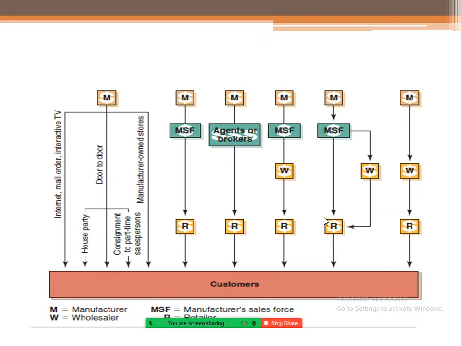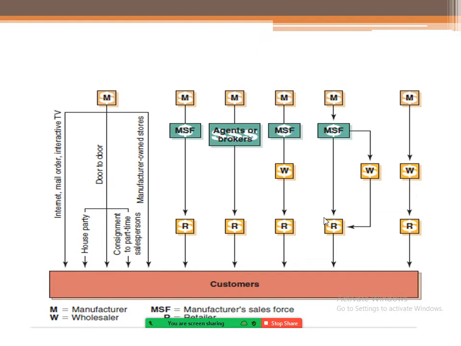The other options use retailers and various combinations of sales force, agents, brokers, and wholesalers. The number of individual buyers and their geographical distribution, income, shopping habits, and reaction to different selling methods frequently vary from country to country. In a large country like India, it may differ from state to state, or it may require different channel approaches.